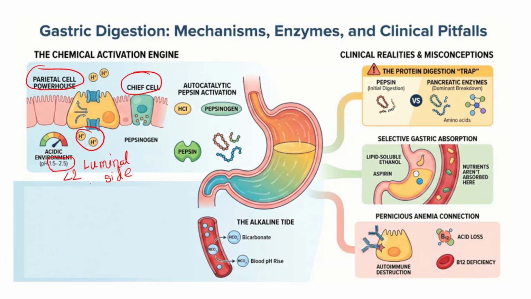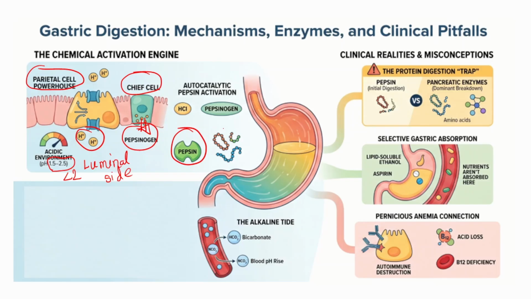Simultaneously, the chief cell secretes pepsinogen, which is an inactive zymogen. When pepsinogen encounters the low luminal pH created by hydrochloric acid, it undergoes a conformational shift that cleaves off its protective masking sequence, transforming it into the active enzyme pepsin.